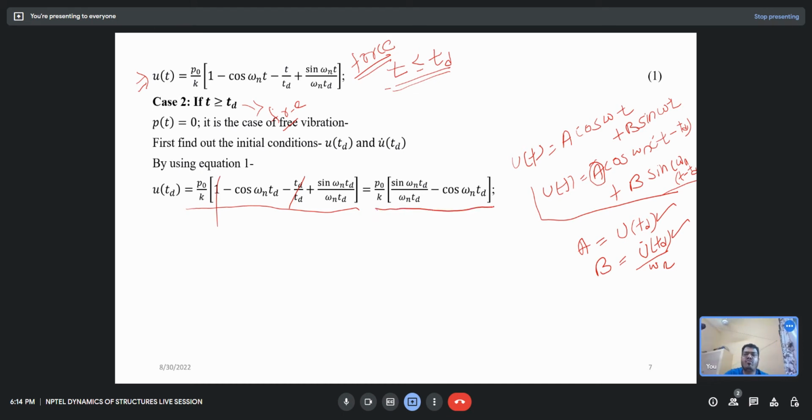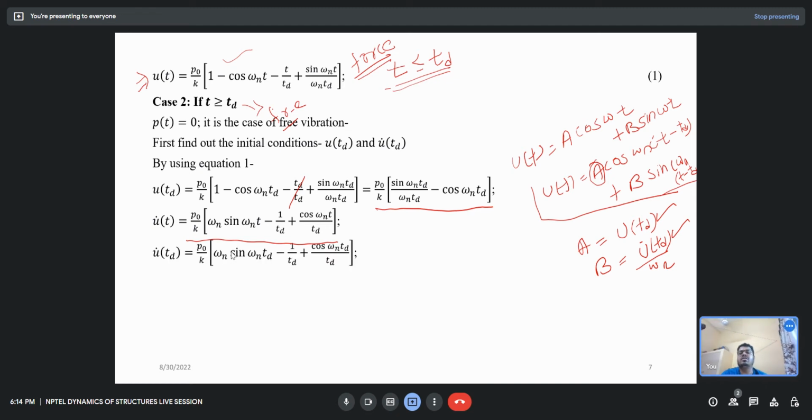Now I have to find what is my u dot (td). So first I have to find the u dot (t). That is my u dot (t). Taking the simple derivative with respect to t, this becomes this, and I simply replace t with td, so this becomes my u dot (td).